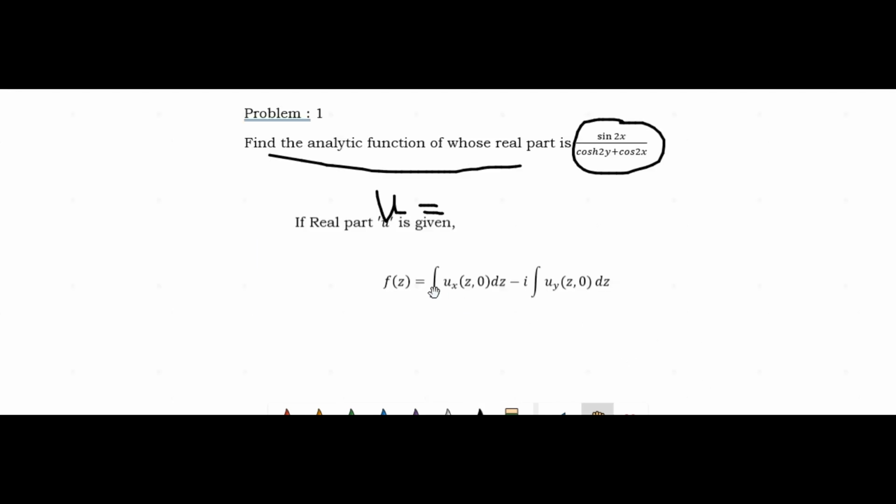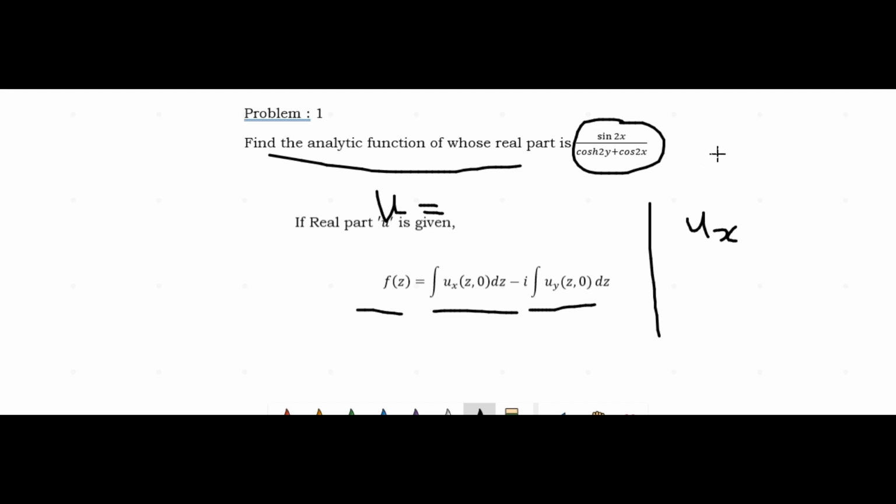This is the formula of construction of analytic function: f of z equals integral of ux of z comma 0 minus i uy of z comma 0, dz. So here you have to find the value of ux, that means the partial derivative with respect to x.